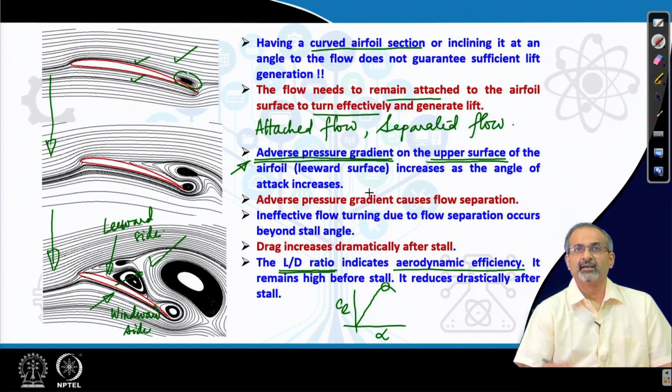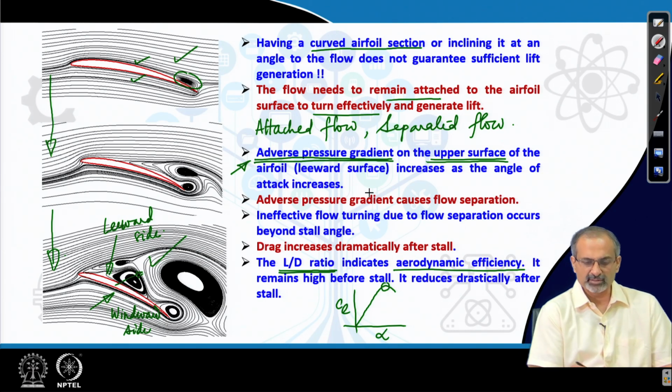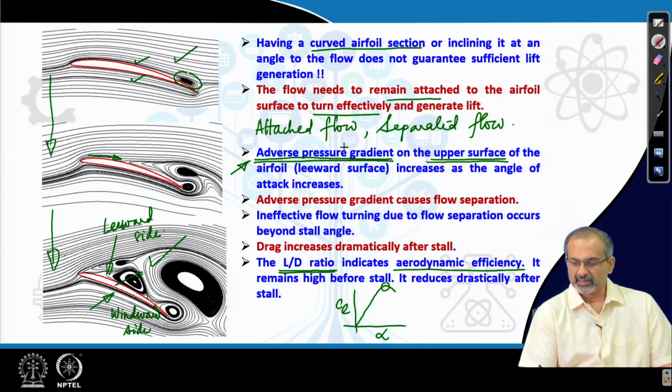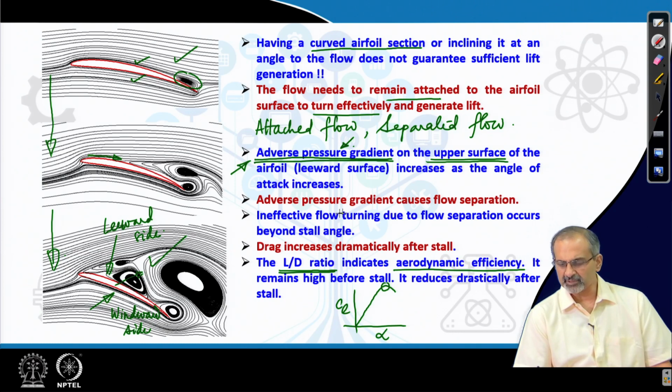Pressure gradient means the rate at which the pressure is changing as we move along the flow direction, maybe along x, along y, depending on the flow direction. Most importantly, the direction along the body surface. So, when the pressure is on the rise as we move along that surface, it is a case of adverse pressure gradient. Adverse pressure gradient causes flow separation.